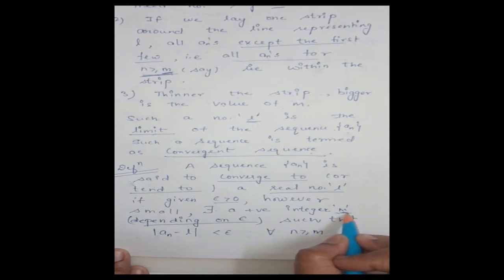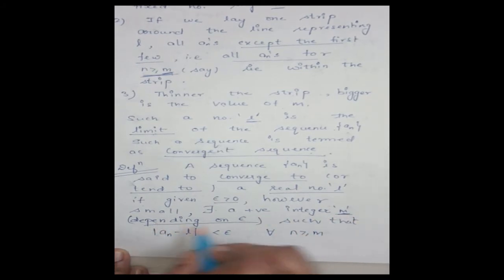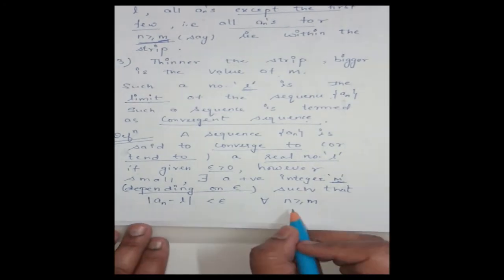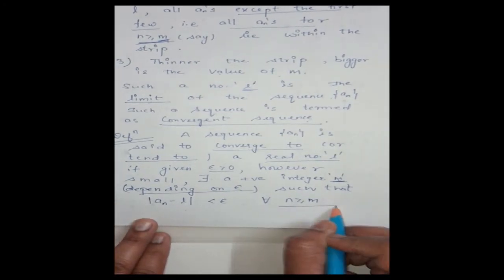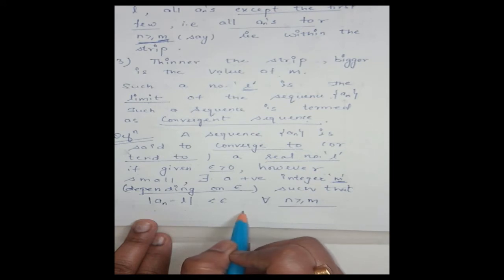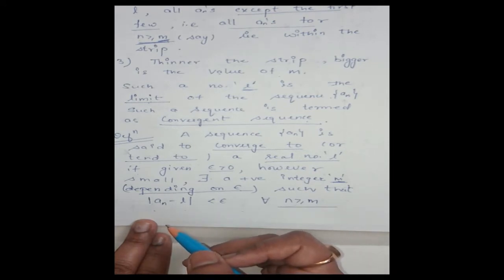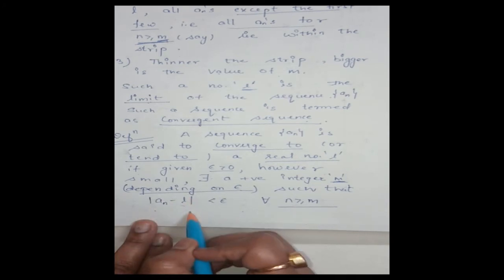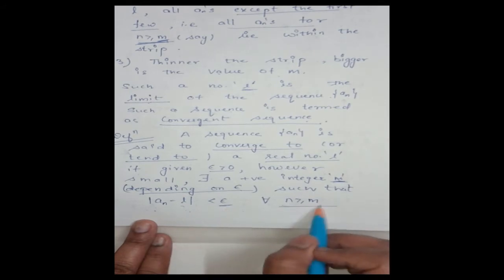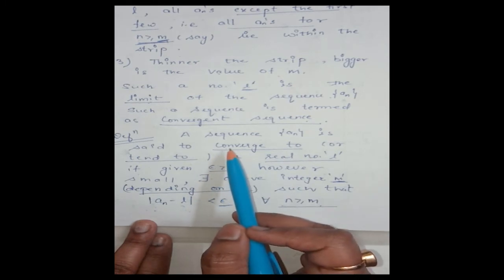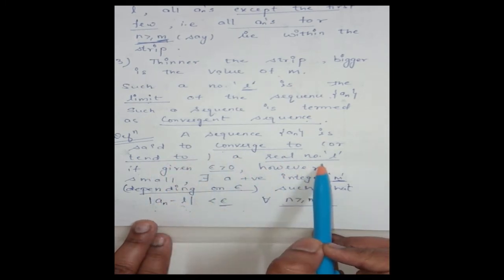Such that mod a_n minus L is less than epsilon for all n greater than or equal to M. This means all the terms of the sequence lie within L minus epsilon and L plus epsilon, the strip we have made around the point L. This is the definition, or the meaning, of converging to or tending to a real number L. Clear?